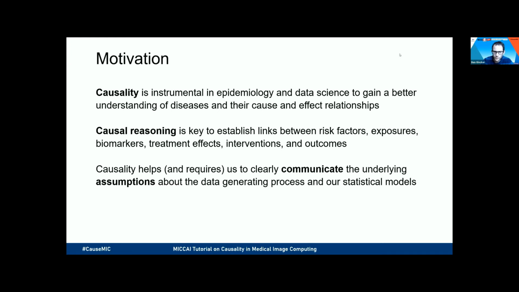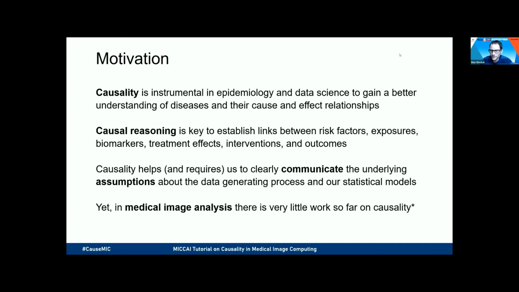Especially when we talk about machine learning applied to medical image computing, we are making assumptions all the time when we build predictive models and statistical models, but we might not always be very clear about what those assumptions are. Causality really can help us to be more transparent about our assumptions.